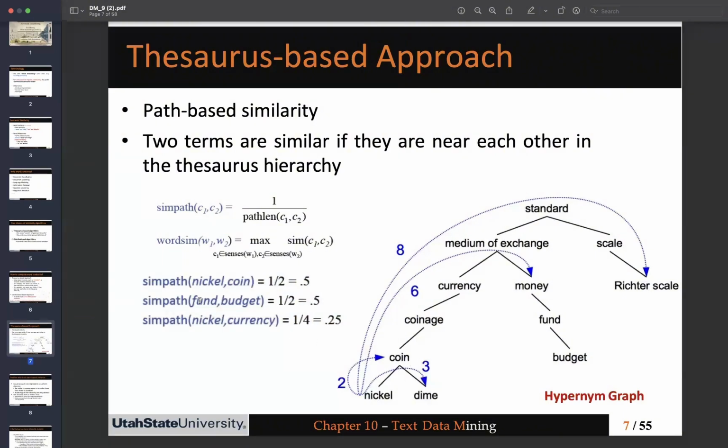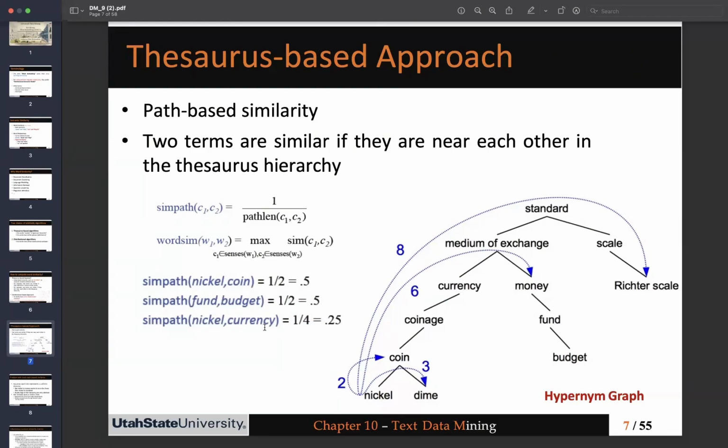The same thing holds for the simpath between fund and budget. Fund and budget are only one hop away from each other, but because fund is the direct parent of budget, the path length of fund to budget is equal to 2. So the simpath between fund and budget is 0.5. We can say that nickel and coin are equally similar to fund and budget because of their position in the hierarchy. They are both a direct child to their parents, and therefore they are equally similar.